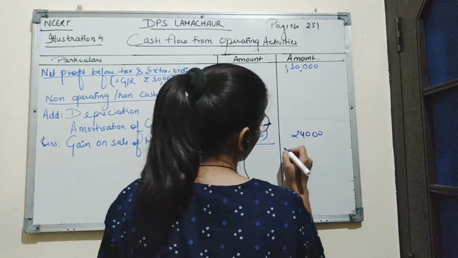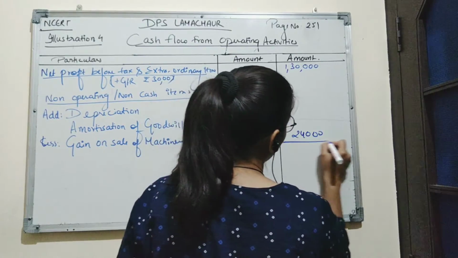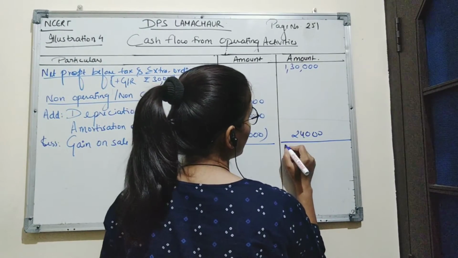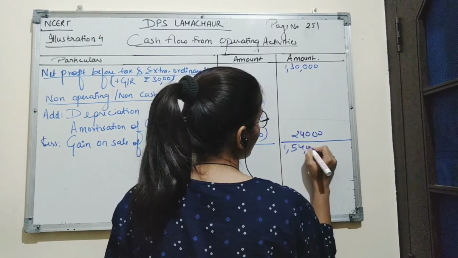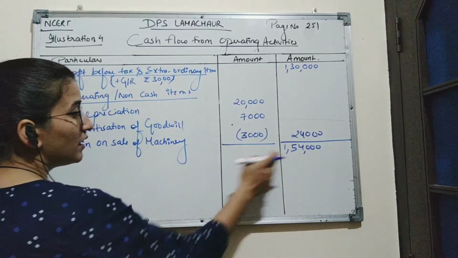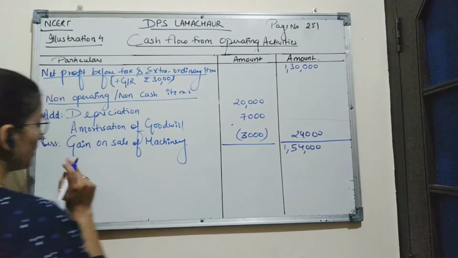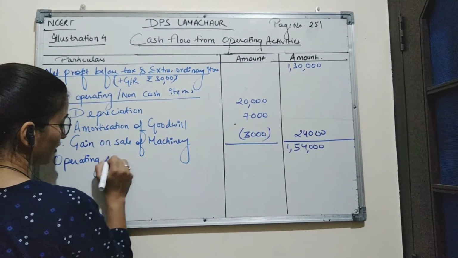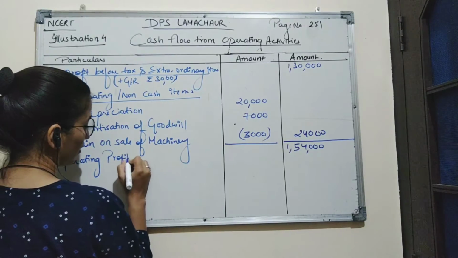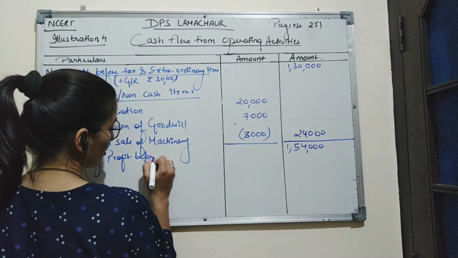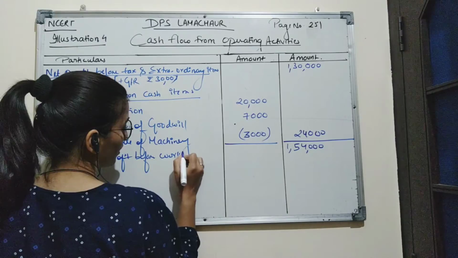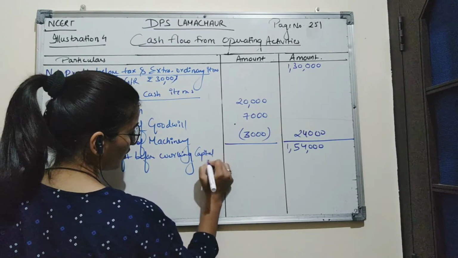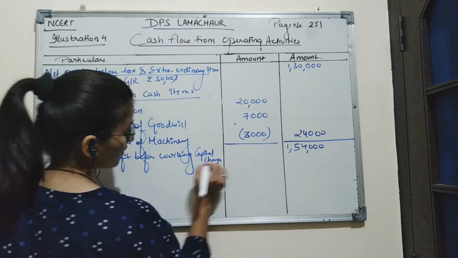So 24,000 will be added to the net profit before tax and extraordinary item, and the amount will be 1,54,000. This amount is known as operating profit before working capital changes.